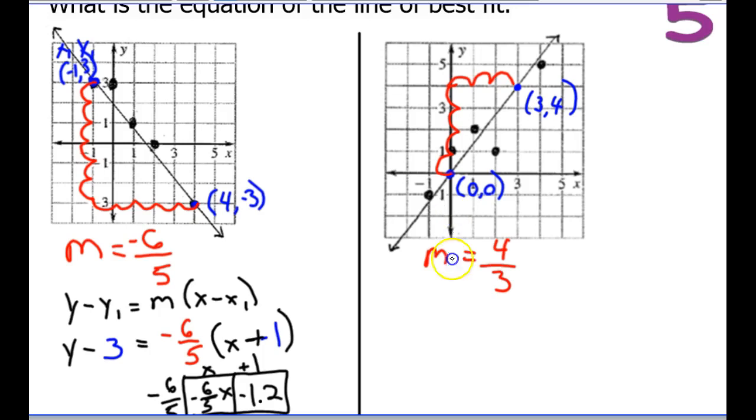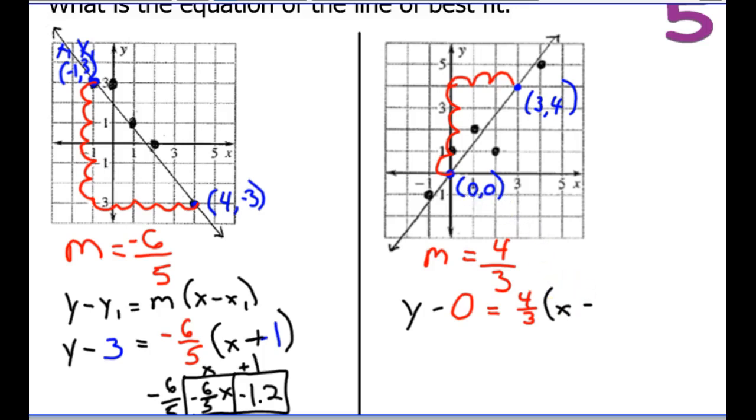Then we need to write our equation. So we're going to start with y minus y1. I'm going to use 0, 0 because it's the easiest for me. So y1 then is going to be 0, equals our m, which was 4/3, times x minus x1.